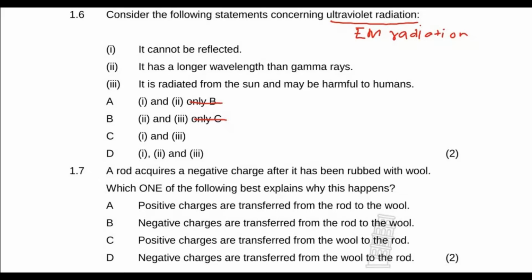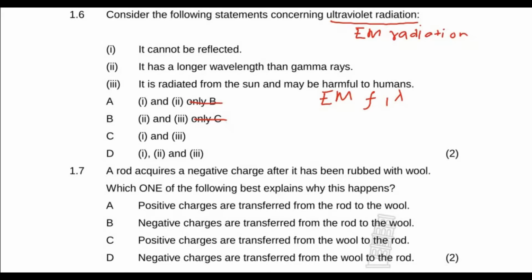So it's very important for you to understand and memorize the electromagnetic spectrum in terms of how those waves are arranged with respect to frequency or wavelength, so that we can answer this question. You need to know how they are arranged in terms of frequency f or wavelength.